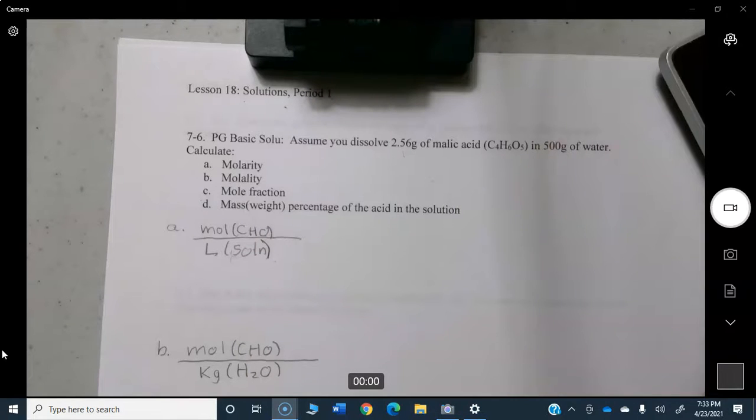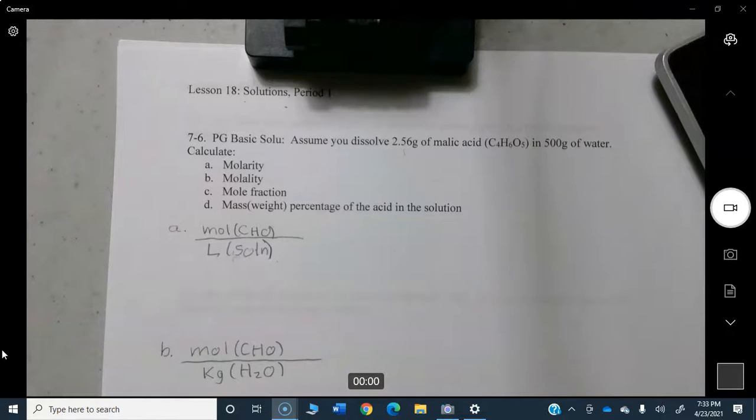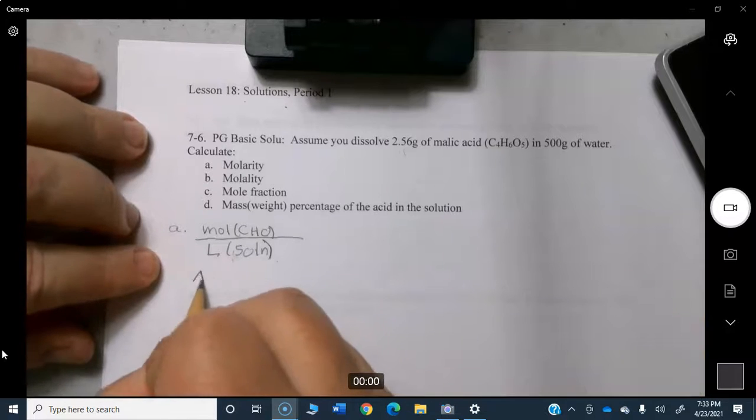But if you do it, you should state that as an assumption, that you're adding so little of this malic acid that you really haven't increased the volume from what it was when it was just water. Is that accurate to do that? Technically, no, but state it as an assumption, and you can maybe get away with it. Okay, it depends. It has to be a very small amount of malic acid that you added. So we're going to write this as an assumption here, for this one.